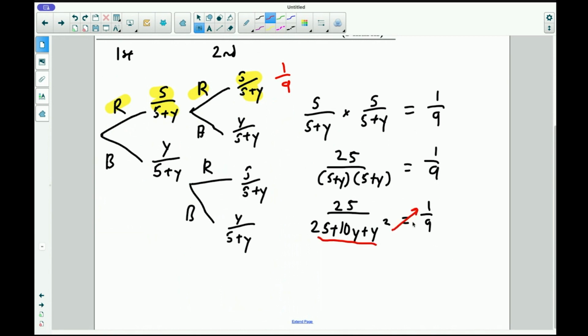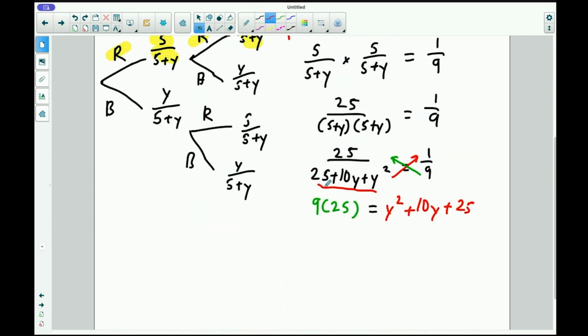I'm going to multiply this denominator up here, and this denominator up over here. So 9 times 25 is equal to 1 times 25 plus 10y plus y squared. I'm just going to write it as y squared plus 10y plus 25, just to save ourselves some time.